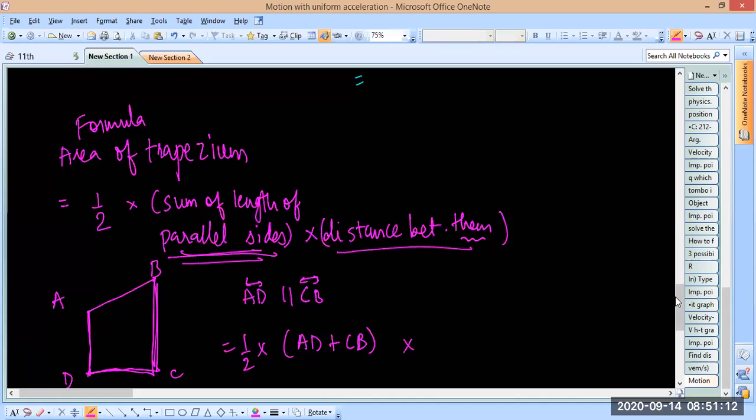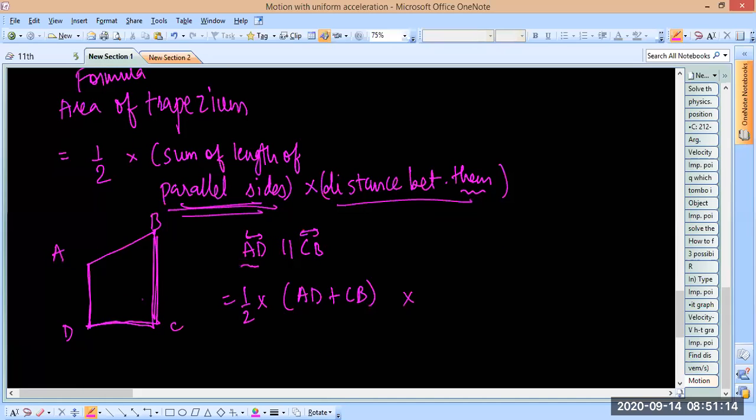Distance between which sides? AD and CB. So how much is that distance? This much distance. That will be equal to CD. So this is how you do it. Clear?